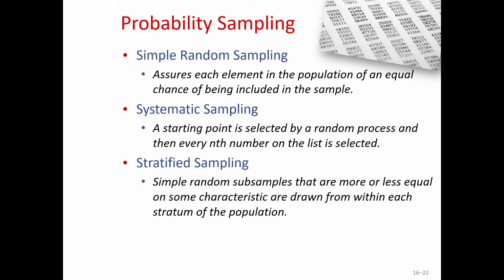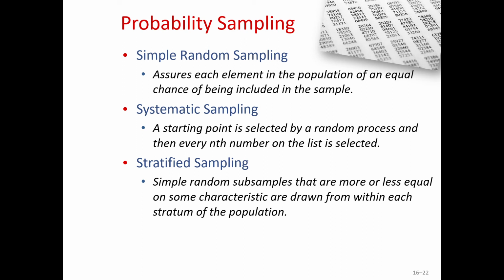Although drawing numbers and names, or rolling dice or spinning a roulette wheel, may be appropriate to draw a sample from a small population, when the population consists of a large number of elements, the sample selection is based on tables of random numbers.